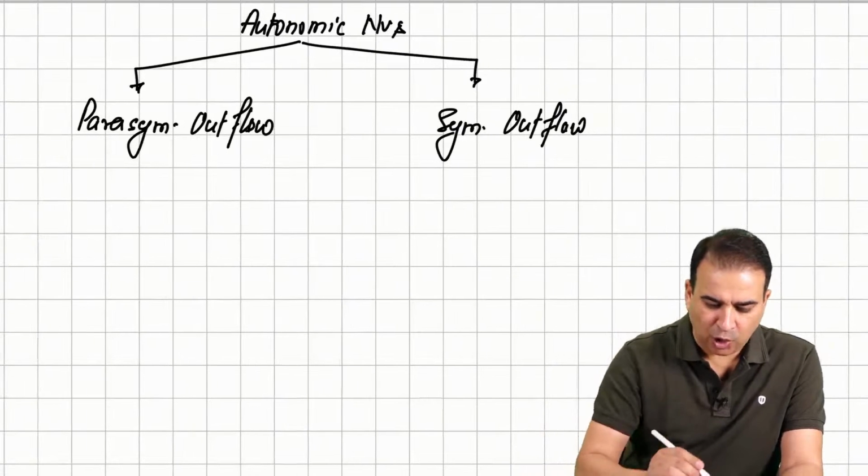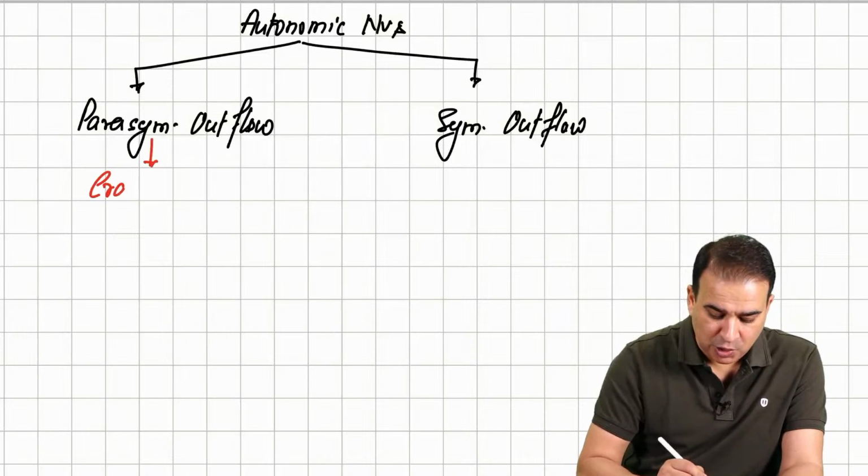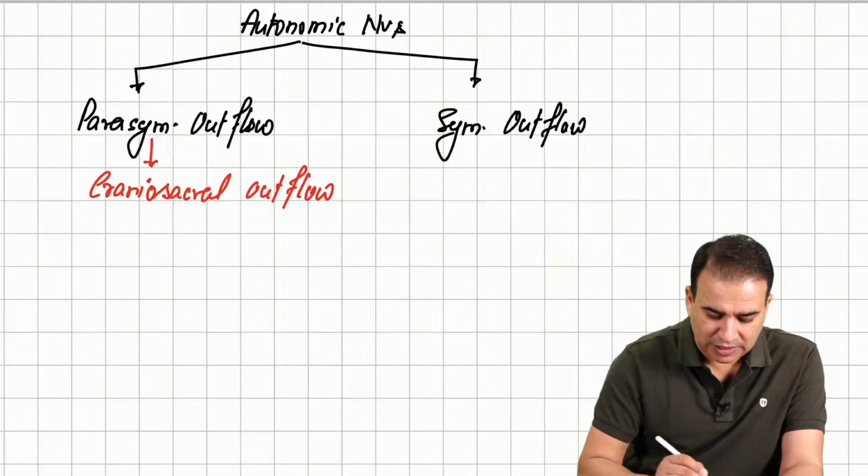I hope you know the alternative name, guys. Parasympathetic outflow is also called the craniosacral outflow.